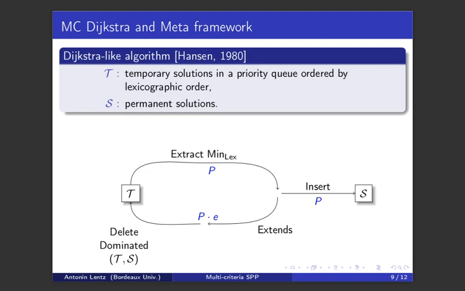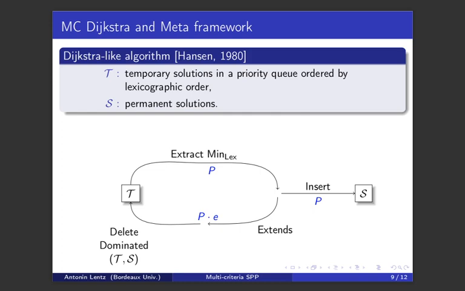You insert it in S, considering that it's optimal, and also you extend it, meaning that you add an edge at the end. Then, if you just add PE in T, the problem might be that it could be dominated by a path in T, or a path in S, or also it could dominate a path in T. So what you do is you add PE in T, and then you remove any dominated path in T, dominated by another path in there, or in S. Okay?